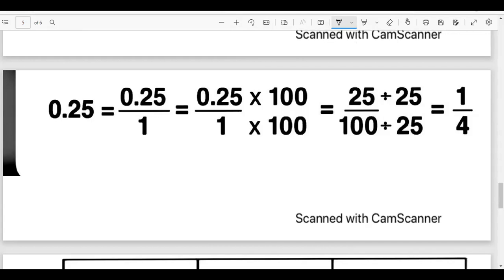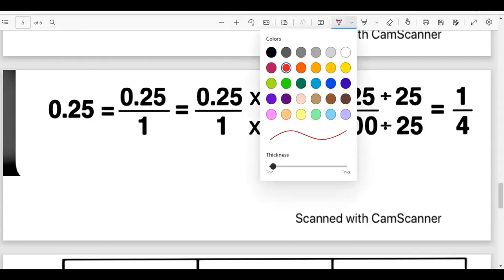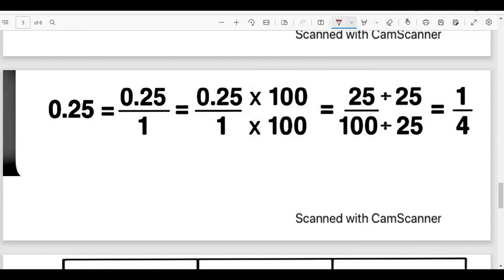Now, obviously, I need to understand one thing. In maths, I can do operations, but I need to make sure that they are balanced, right? So I can multiply the numerator by 100 and the denominator by 100. This way it would be balanced. And this is going to give me 25 divided by 100.